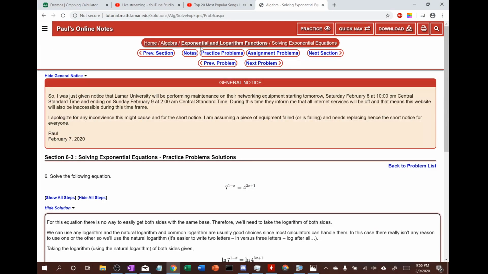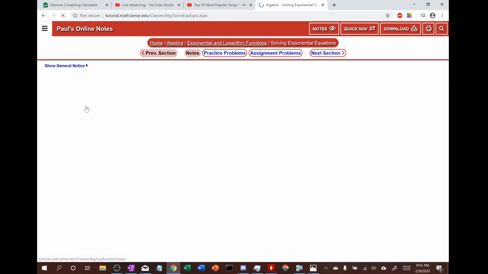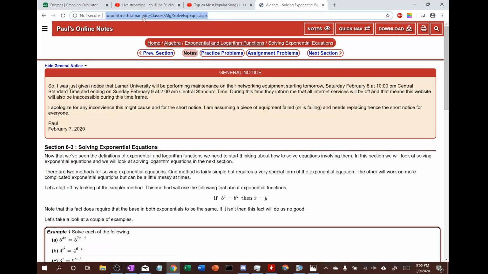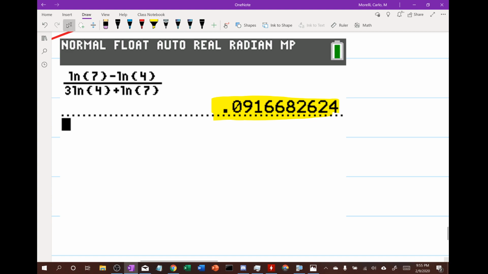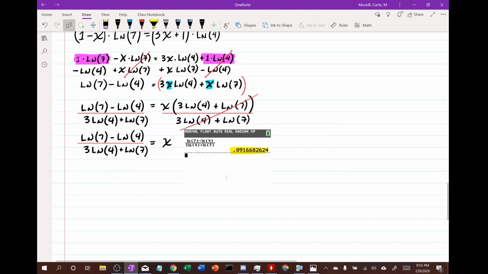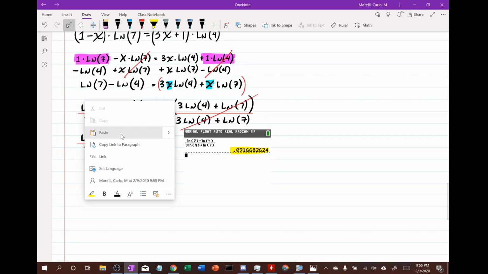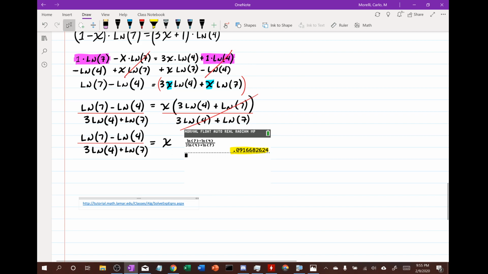So, let me copy this because I want to put this in OneNote. So here's a link to Paul's notes on exponential functions. Okay. We'll make this bigger.